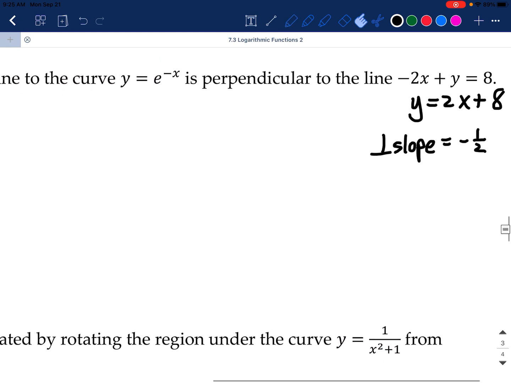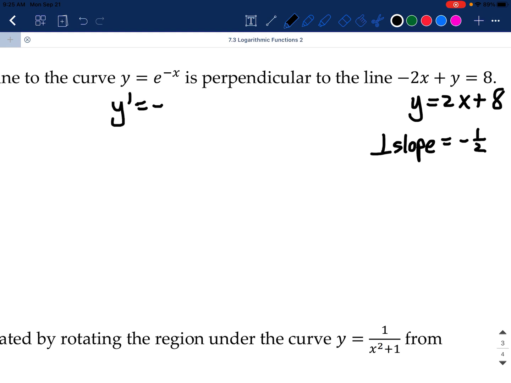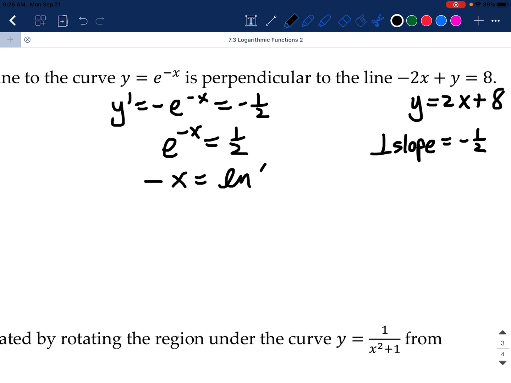So then on our curve, we've got y prime is equal to negative e to the negative x, which is equal to negative 1/2. So we'll get e to the negative x equals 1/2. We can take the natural log of both sides. So we'll get negative x is equal to the natural log of 1/2.